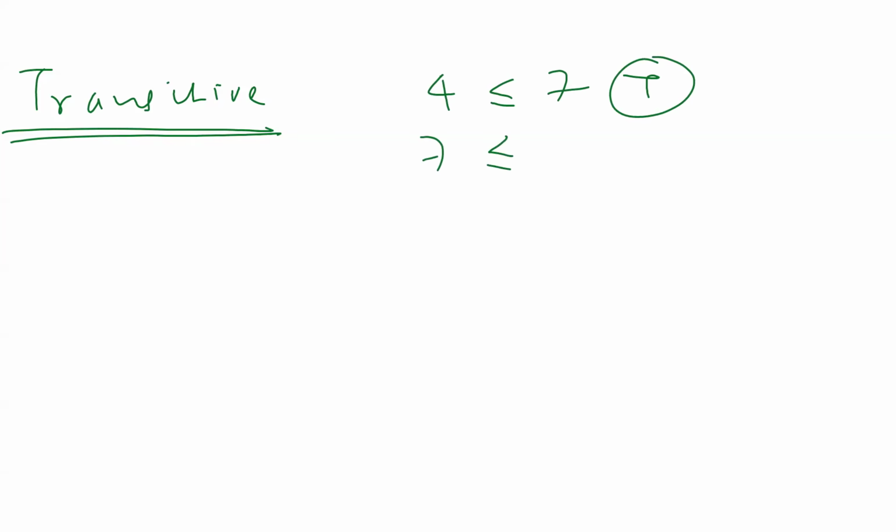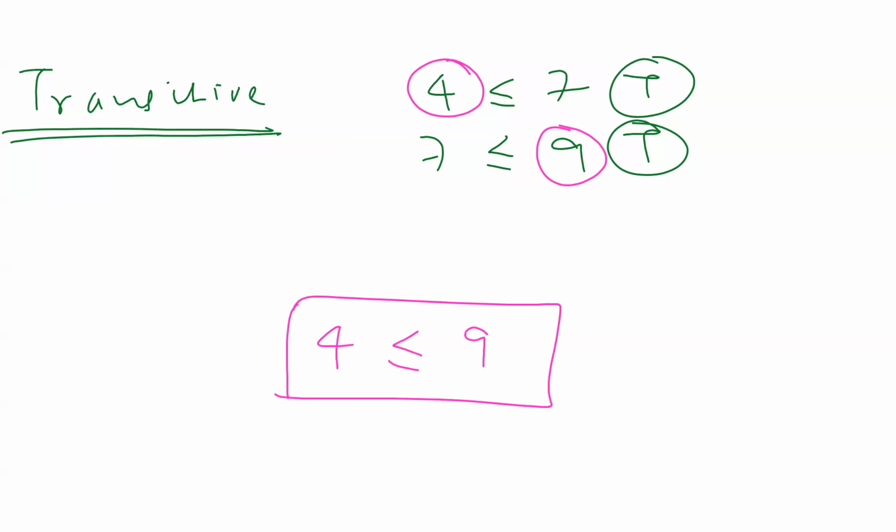7 is less than or equal to, let's say, 9. This is true. Both the statements have to be true to check transitivity. Now let's check this. 4 and 9. Is this true?